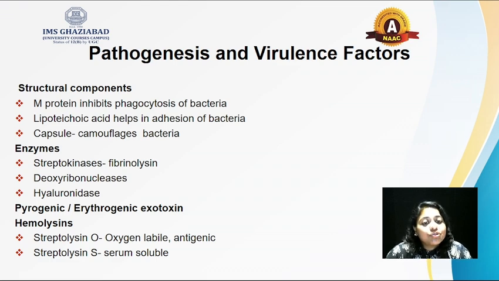Next is the pathogenesis and the virulence factors. What are virulence factors? Virulence factors are those factors of a bacterium, of a microorganism, which are responsible for causing disease in an individual. So what can these virulence factors be?